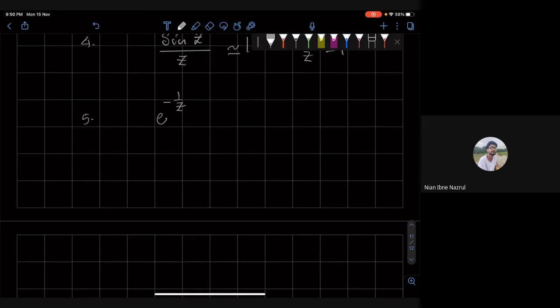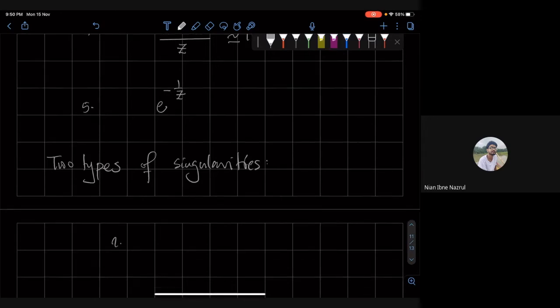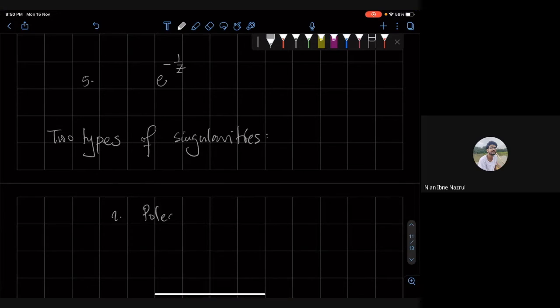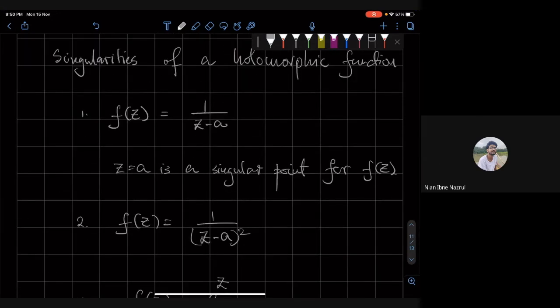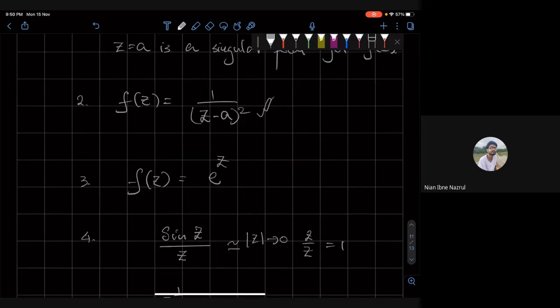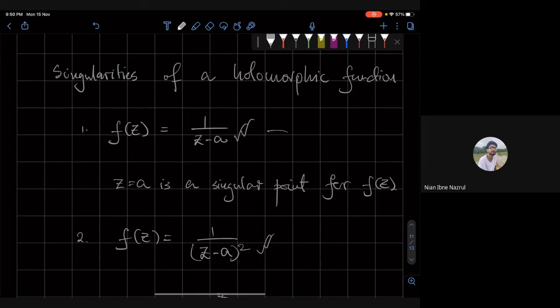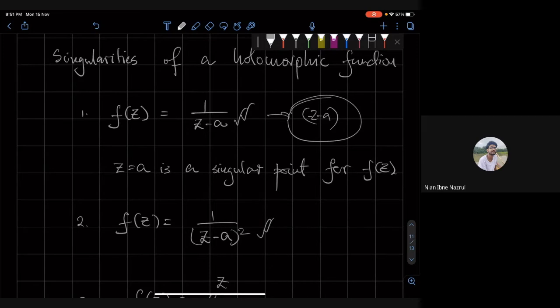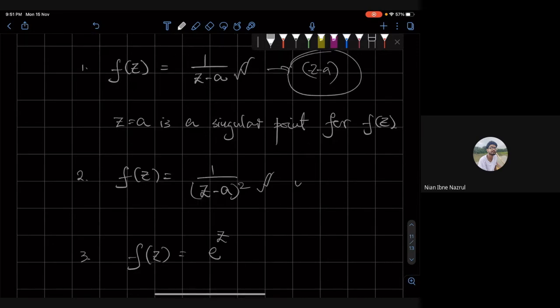There are 2 types of singularities. One is like the poles. Poles are these things. And poles usually go away if you multiply by some appropriate function, right? So for example, from here, if I multiply this by z minus a, then the resulting function will not have any poles. Similarly for here.